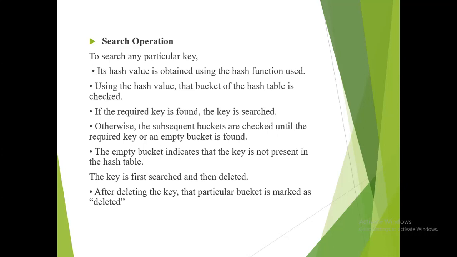Otherwise, the subsequent buckets are checked until the required key or an empty bucket is found. The empty bucket indicates that the key is not present in the hash table. For deletion, the key is first searched and then deleted. After deleting the key, the particular bucket is marked as deleted.